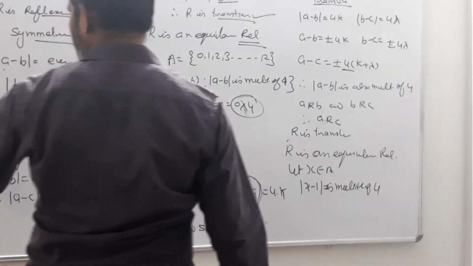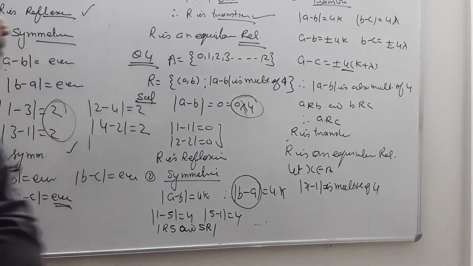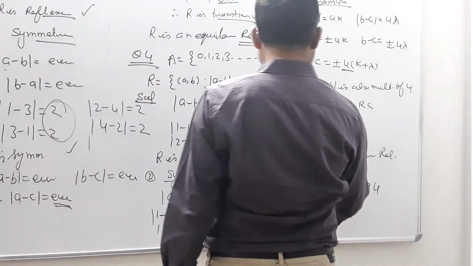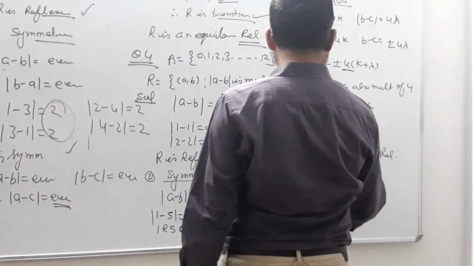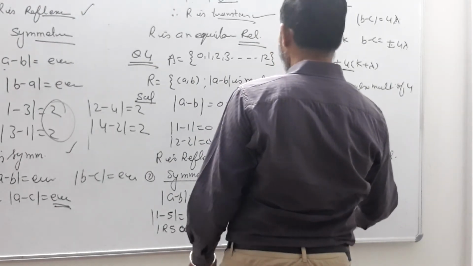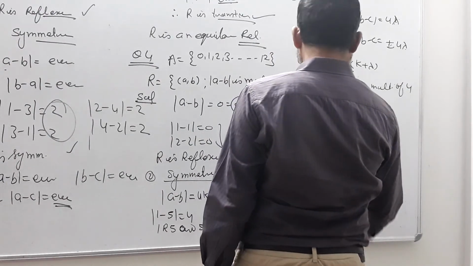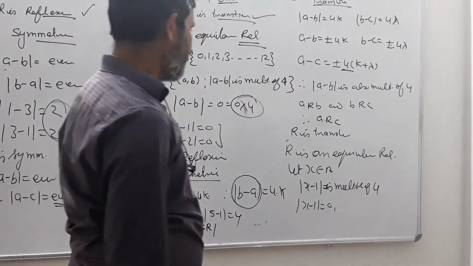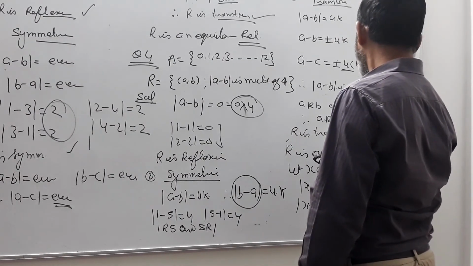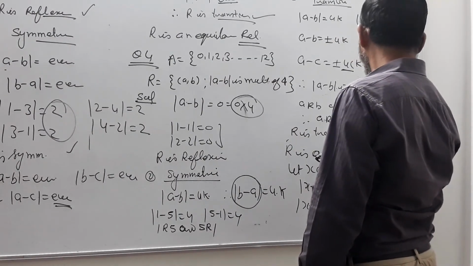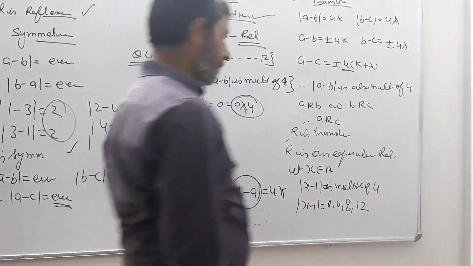Therefore, what are the possibilities? X minus 1 is a multiple of 4, either 0, 4, 8 or 12.